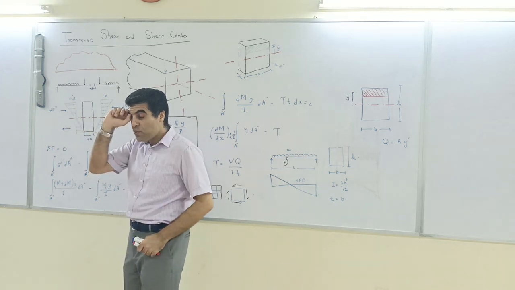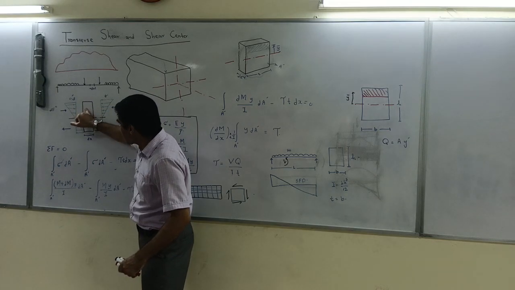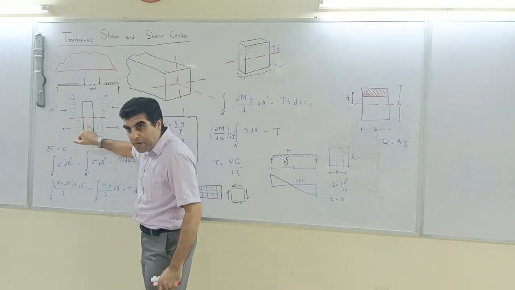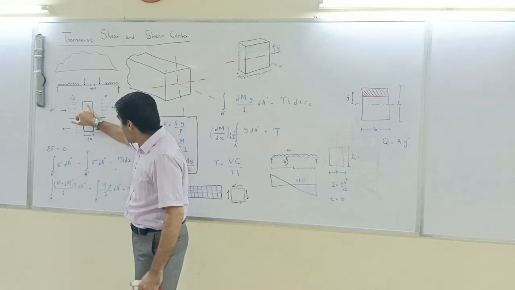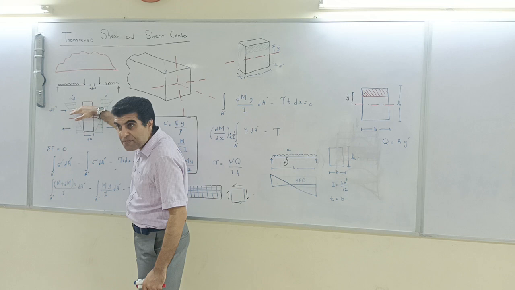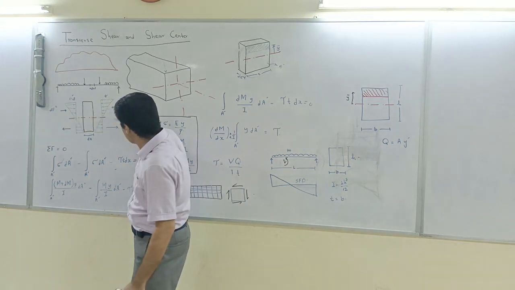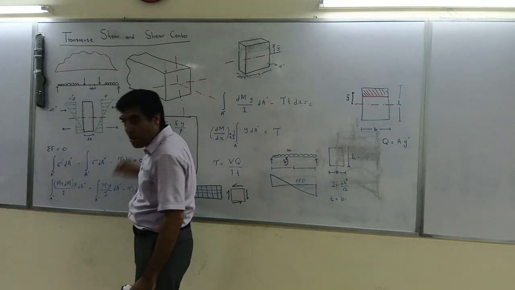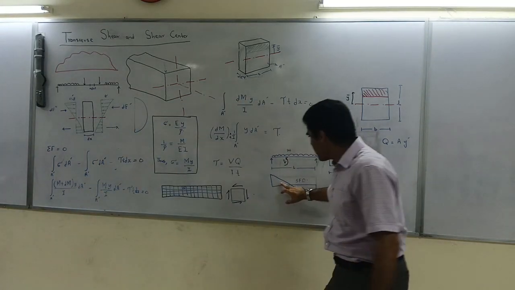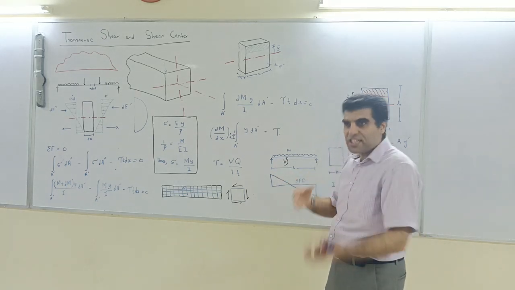I said that this vertical shear is different at different locations of the cross section. If you are taking this portion only, it will have a different shear, and as you move down, the shear will keep on changing. I told you that it changes parabolically. The shear which you get from the shear force diagram is actually the resultant shear.